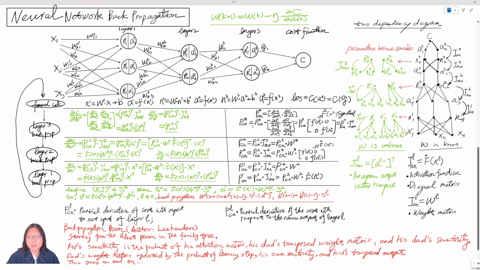And once you have that, with the help of the Jacobian, you can easily, using this relationship, get the partial derivative of the cost with respect to the net input of the third layer.